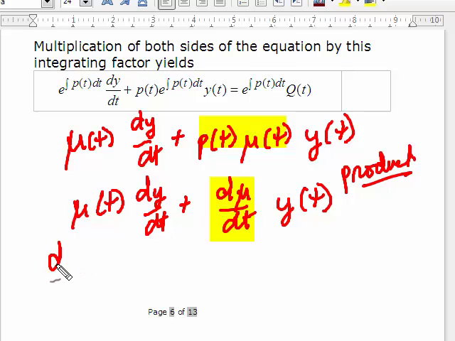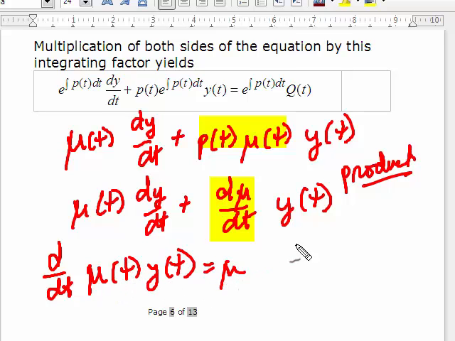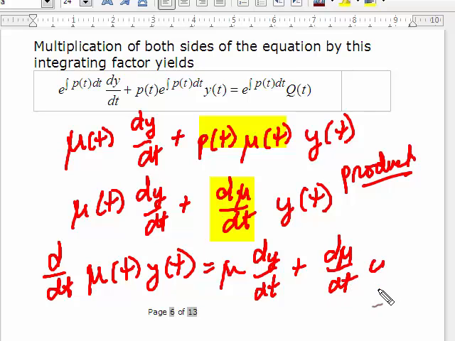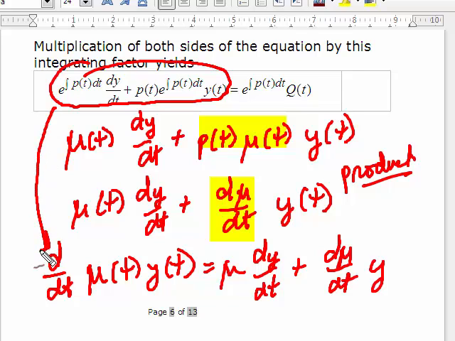This is the same as the derivative with respect to time of mu of t times y of t. Because if I did that, I would hold mu constant and take that derivative, then I would take the derivative of mu of t holding y constant. So this whole side reduces to this derivative.